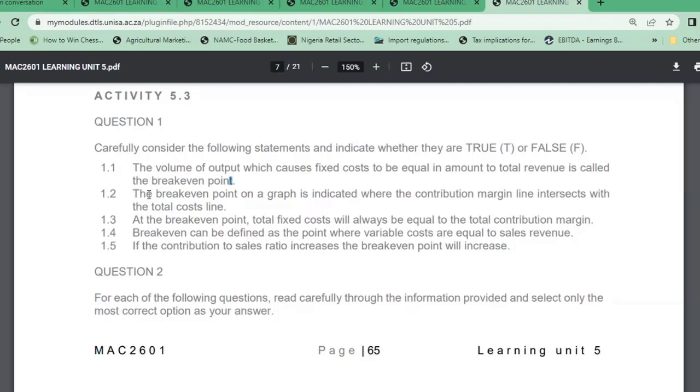False. Okay, it's false. And why? What is the break-even point? If this is not the break-even point, what is the break-even point?